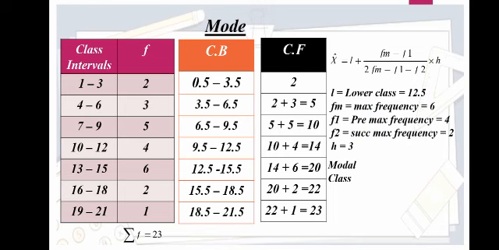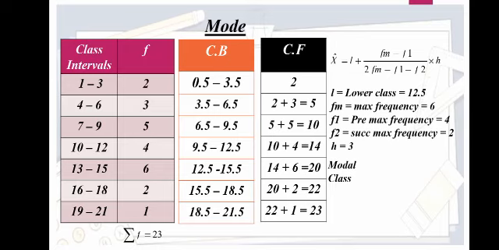Before the maximum frequency there is a frequency of 4, so F1 is equal to 4. And F2 is the successive frequency, meaning the frequency after the maximum frequency. So F2 is equal to 2 because after 6 the frequency is 2, and H is equal to 3 as the difference between the two classes is 3.